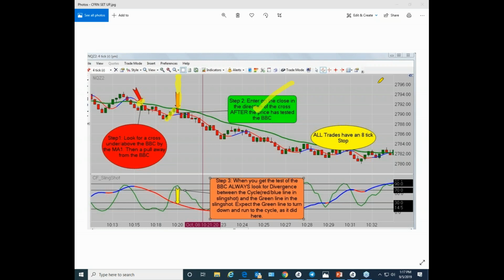Now, a few things to note right off the bat. Notice I didn't say get short, get long, get short when we have the crosses. Again, after step 1, we are looking for that normal thing, that pullback to the BBC.